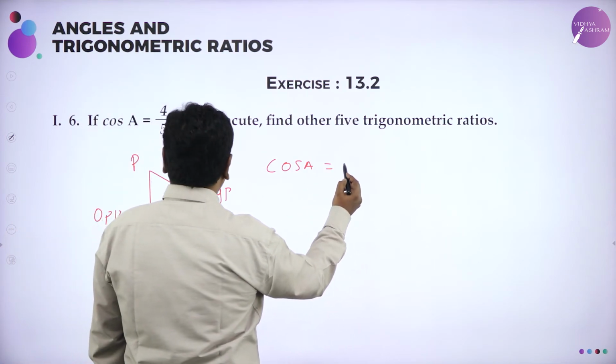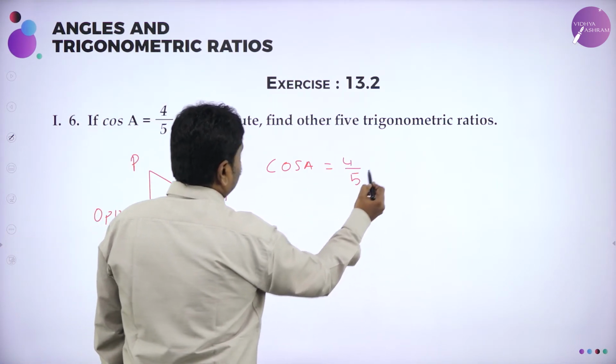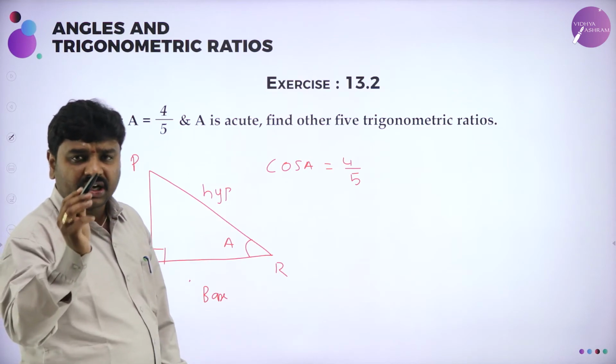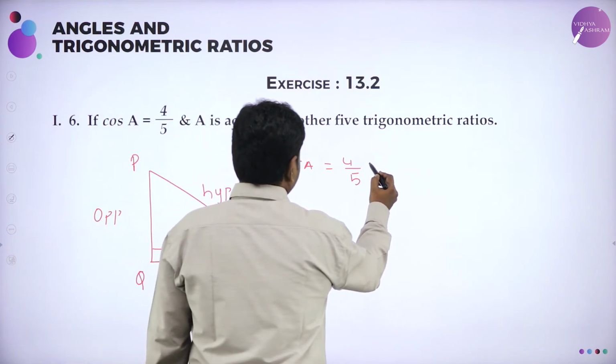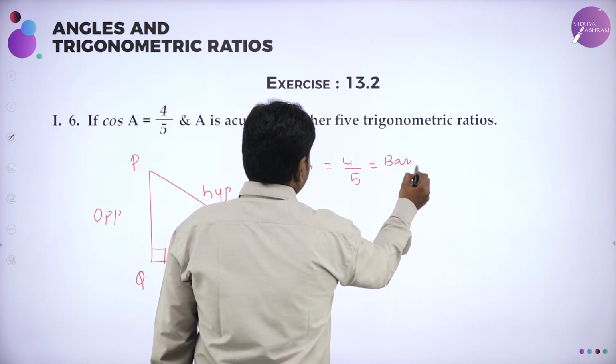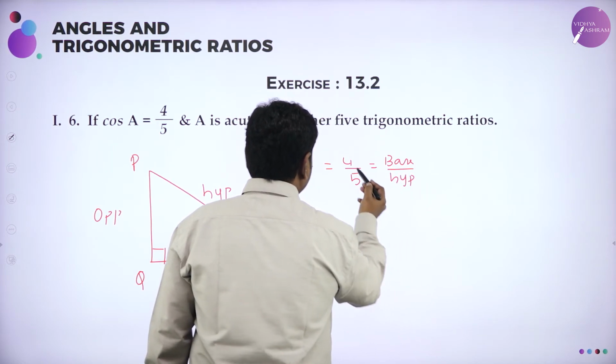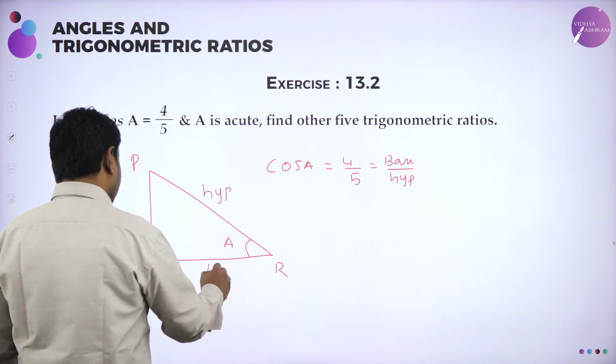Now cos A is given as 4 by 5. Cos means base by hypotenuse. So base is 4.